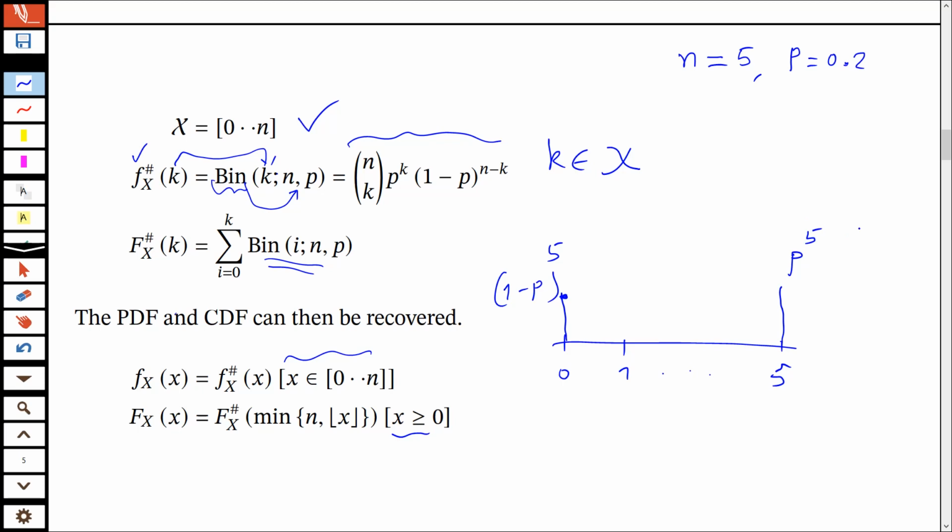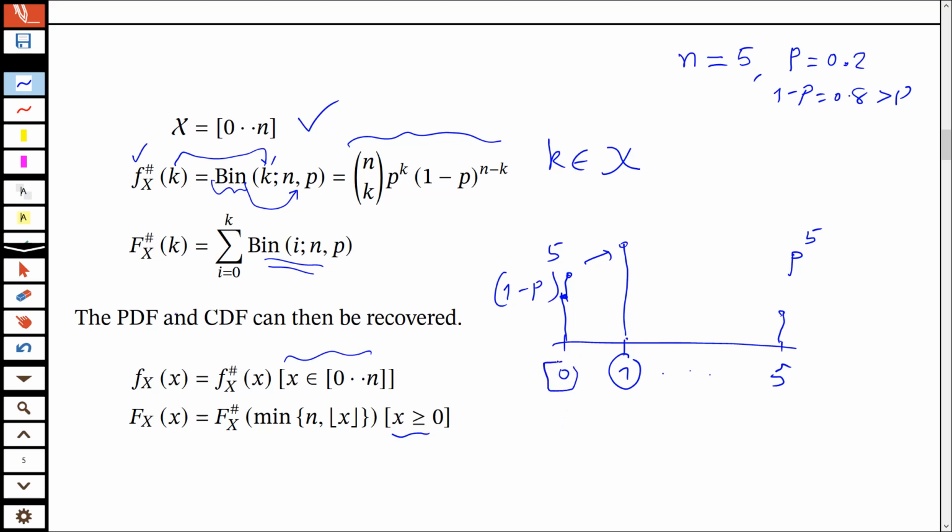The other extreme will be 5 successes, no failure, so that will be P raised to 5. Now we know that 1 minus P, which is 0.8, is greater than P, which means that this probability will be larger than that probability. That will be smaller. And this probability will be larger than this because there are many ways of achieving one success.